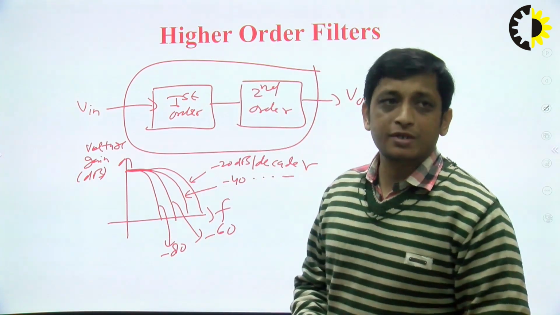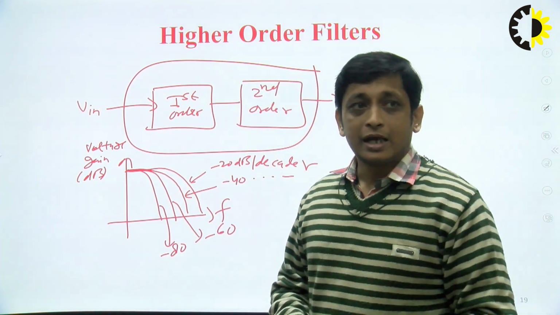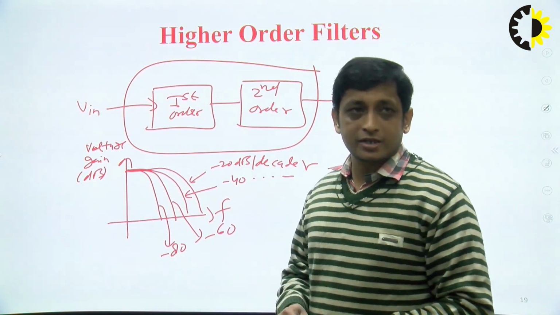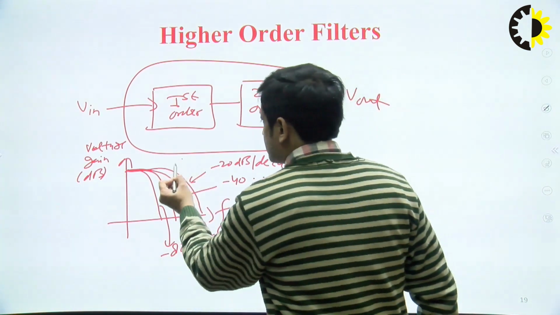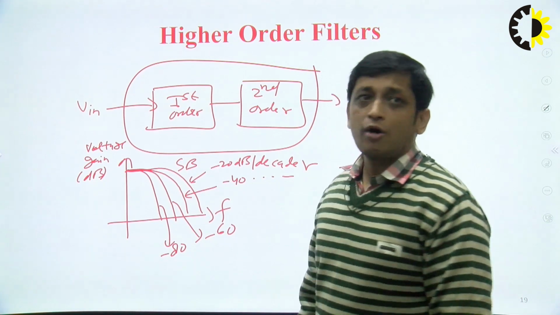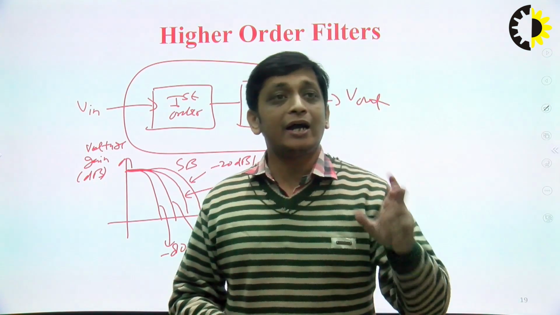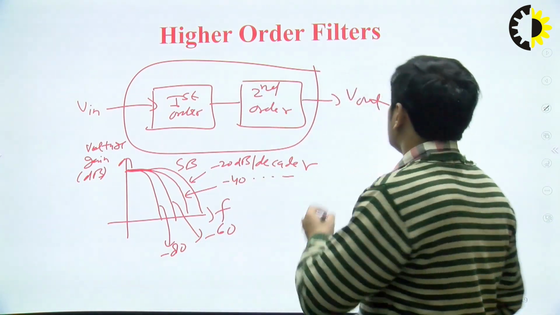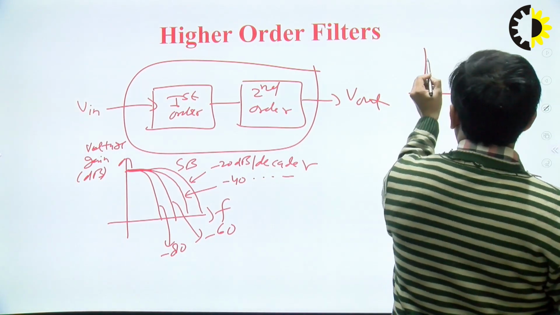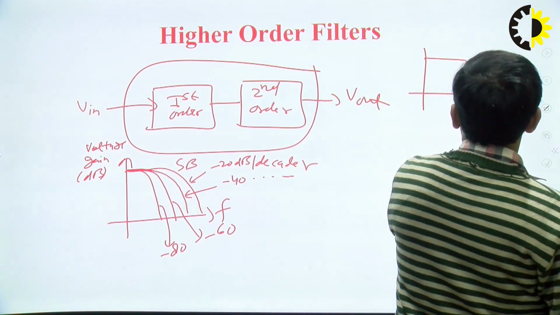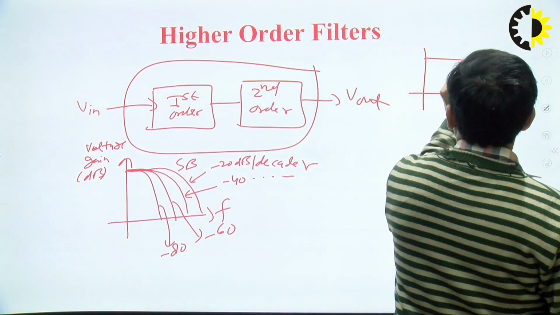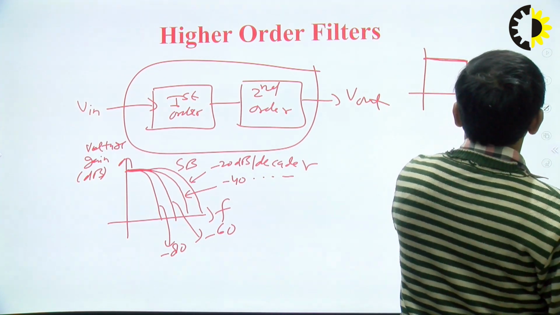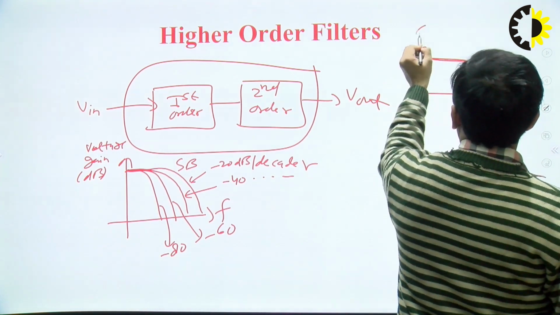So what you are observing here is that as the order of the filter increases, the stop band response is approaching the ideal response. The ideal response of the low pass filter is this one, right? This one is the ideal frequency response for the low pass filter.